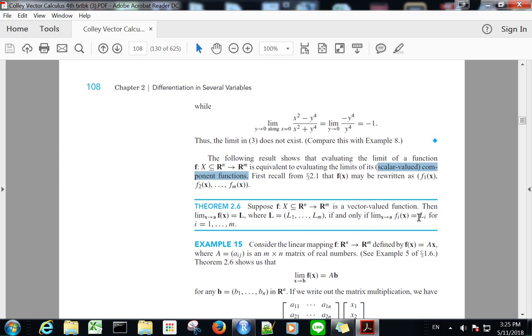L1 is the limit as x goes to a of the first component function f1, and L2 is the limit of the second component function, and so on. So if you want to do limits on a vector valued function, you can break it down into m limits of the m scalar valued component functions. So that might make it easier, or it might not.